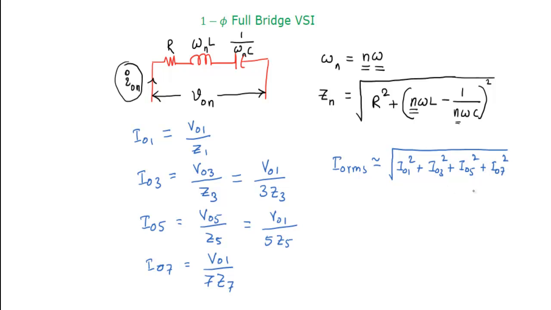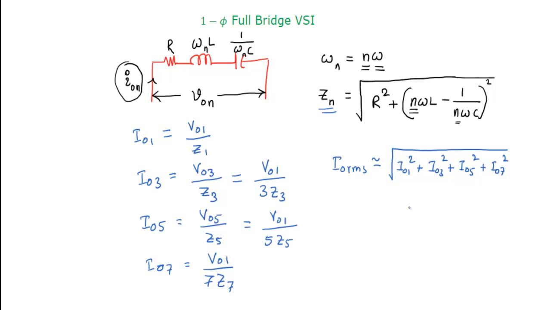You can stop here or consider I09 also, but that's not important. So this is the RMS value of the load current for any load other than resistance. Everything here is easy to calculate except Zn. Zn we need to calculate for each n value: n equal to 1, n equal to 3, n equal to 5, n equal to 7, like that.